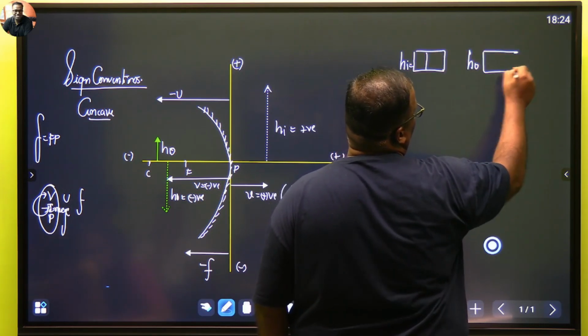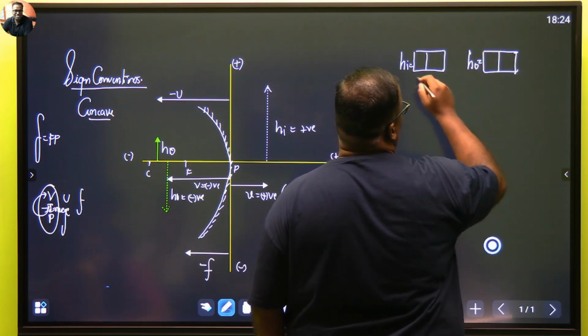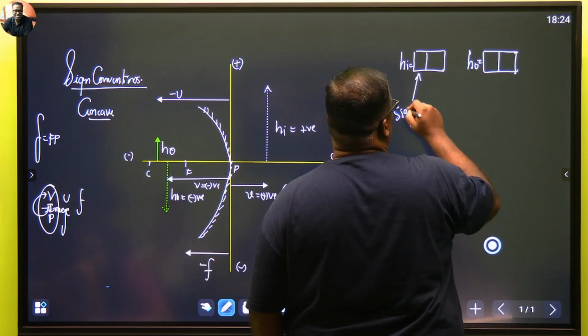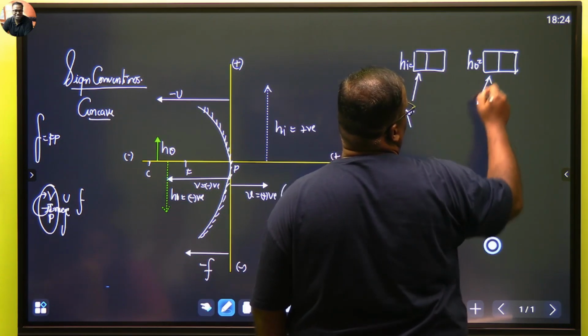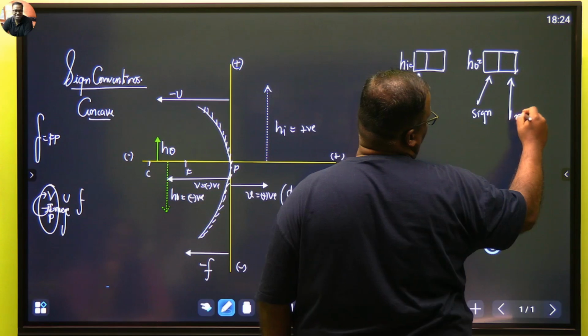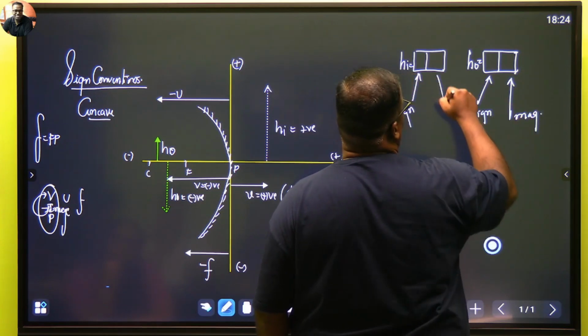The first one will be the sign. It has nothing to do with the algebraical value. This is the sign, and the second one is the magnitude.